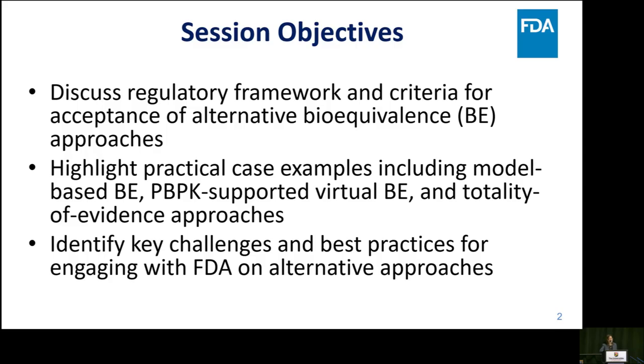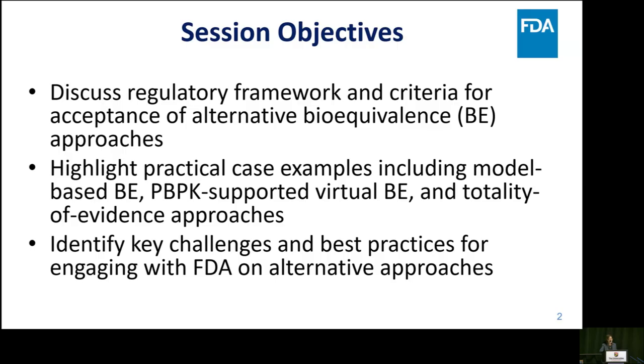Second, we will ground that discussion in practical application through the real-life examples and case studies that are going to be presented by the speakers. And third, we want to have an honest conversation about the challenges involved and also share the best practices that both industry and FDA have learned along the way.